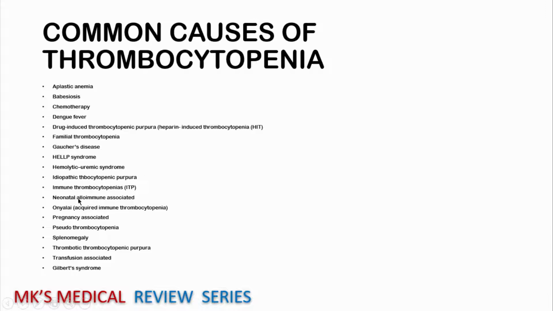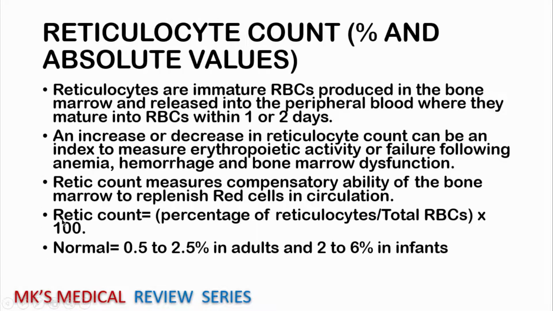You have neonatal alloimmune conditions, which are pretty much acquired immune thrombocytopenias, pregnancy-associated pseudothrombocytopenias, splenomegaly. You may also have thrombotic thrombocytopenic purpura, and transfusion-associated and Gilbert's syndrome.